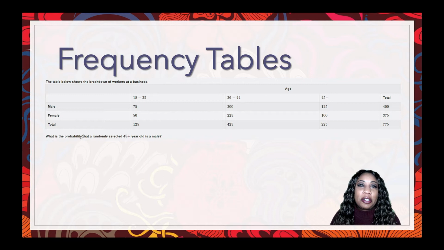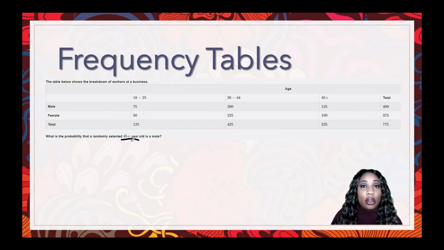Another way probability problems are laid out is using frequency tables. So the table below shows a breakdown of workers at a business. What is the probability that a randomly selected 45 or older year-old is male? So first thing, it says a randomly selected person 45 or older.